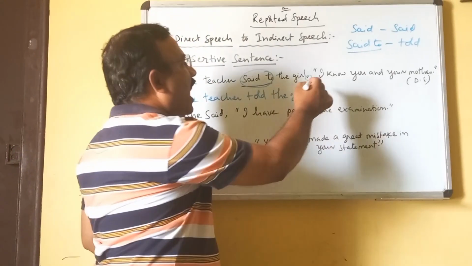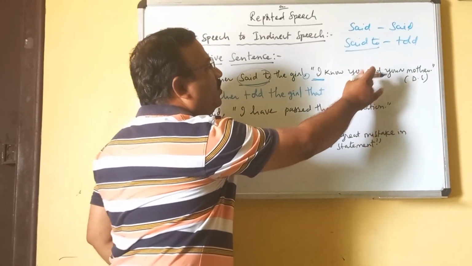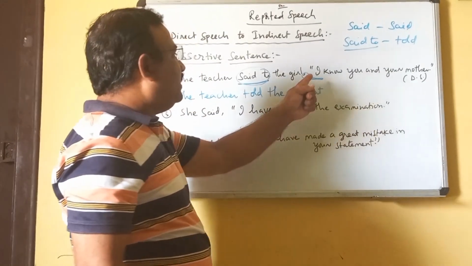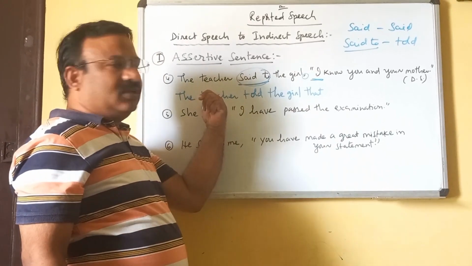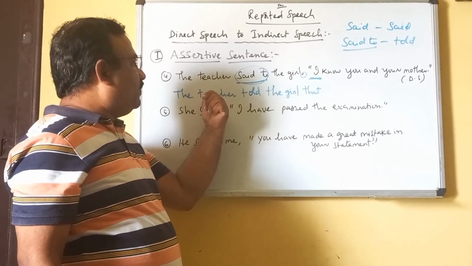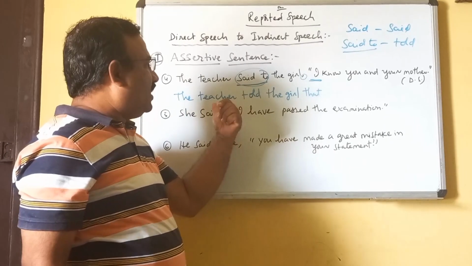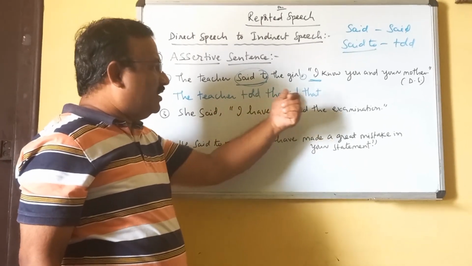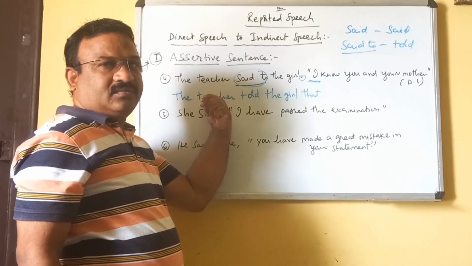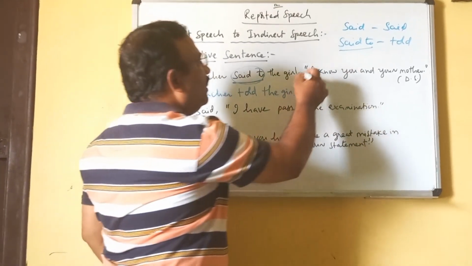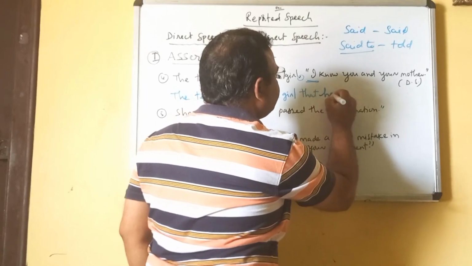I know you and your mother. See, this is the first person I. Who is the reporter? Here the reporter is the teacher. The teacher told the girl that I. Here I will become he.